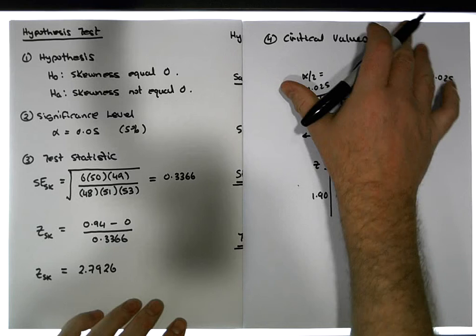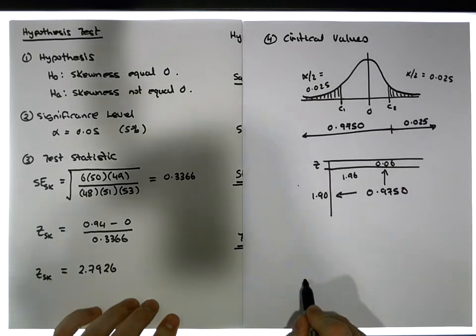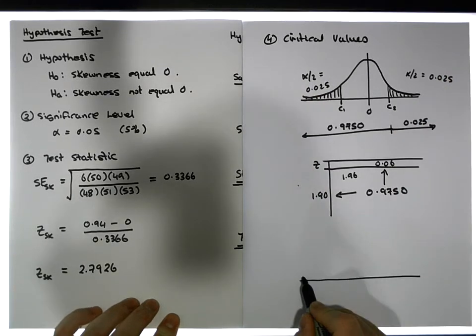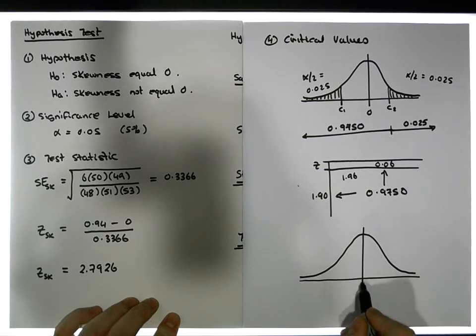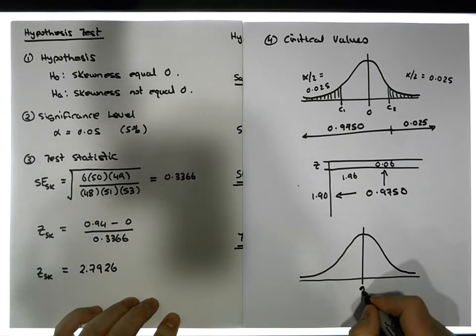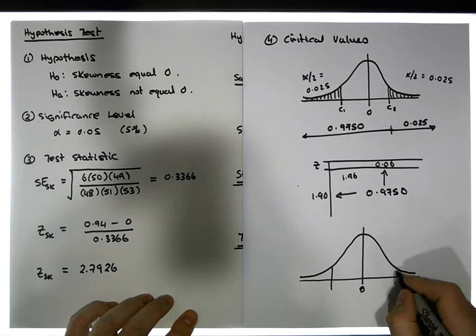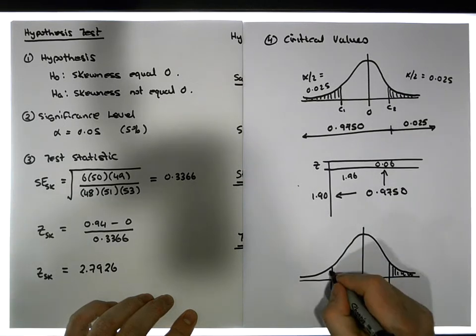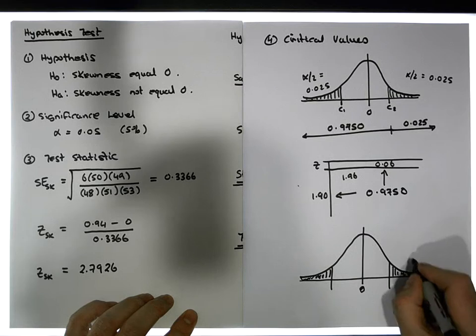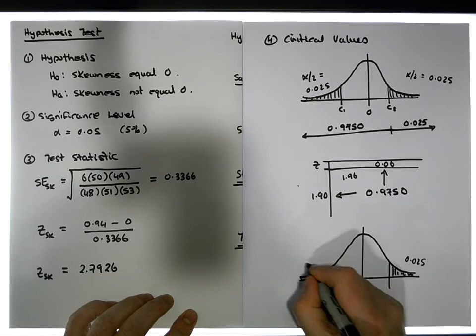So what we're saying is, just to put it into context again, our Z distribution is symmetrical. It's centered on 0. Our critical values, okay, that have the prescribed amount of area in the left and also in the right tail of 0.025 and 0.025.